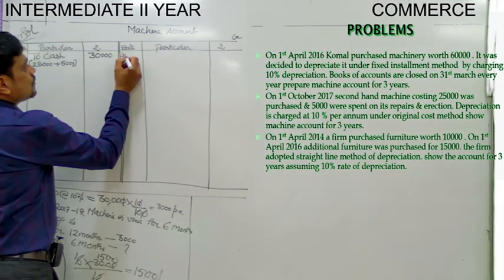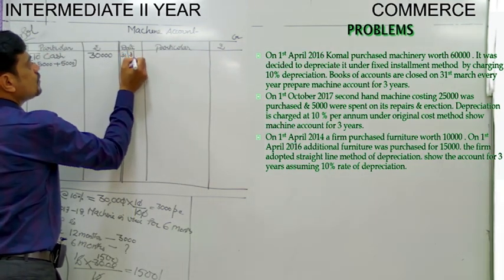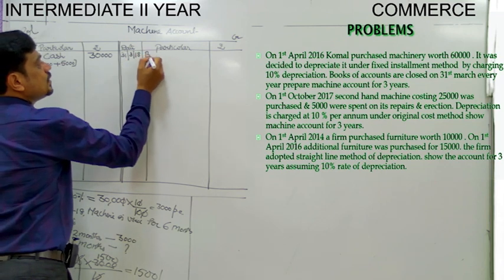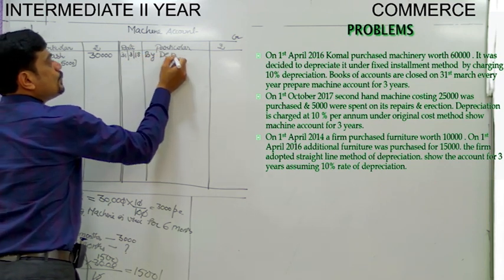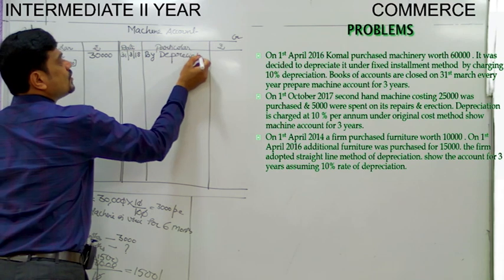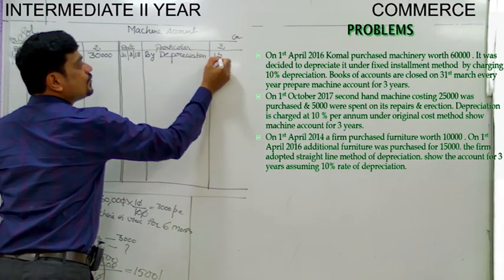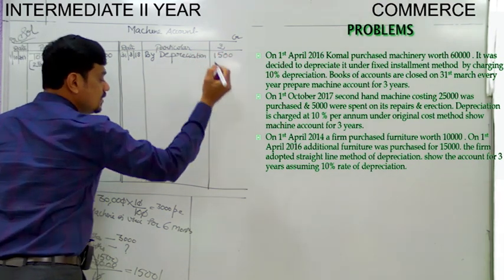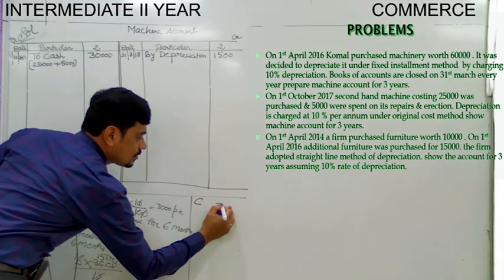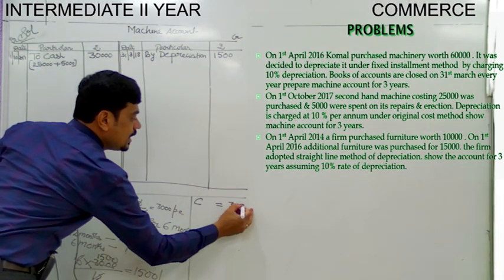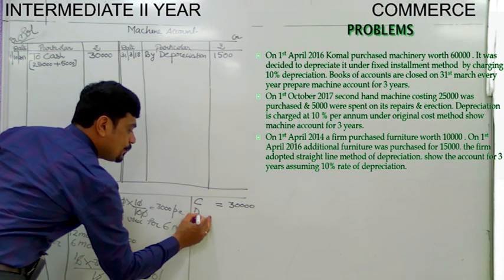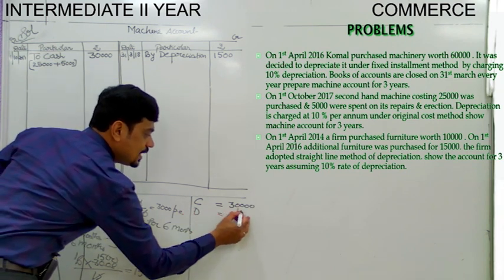That is depreciation. 31st March 2018, by depreciation. How much is depreciation? 1,500, only in this year. Again, come: cost, C, 30,000. Depreciation, D, 1,500.